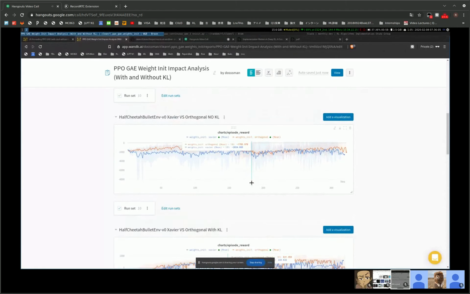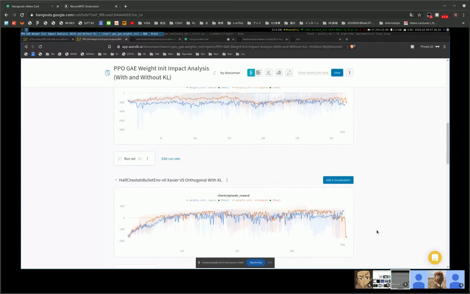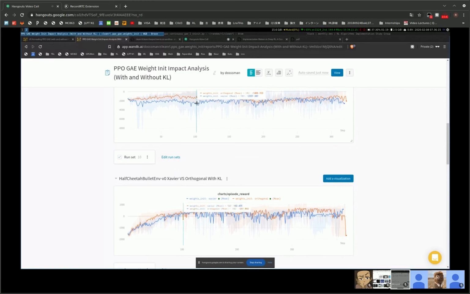I think PyTorch actually has a built-in orthogonal initialization method, so you don't have to do this, but that doesn't really matter. This experiment just consists in changing the initialization of the policy and value function. So that's pretty much it.